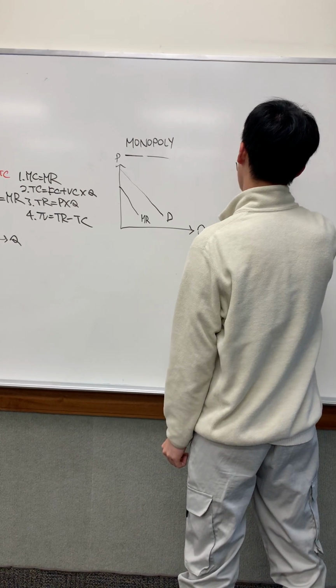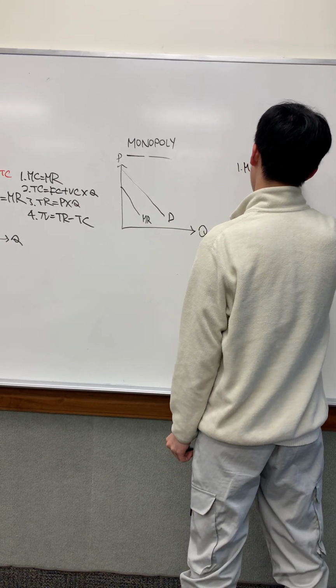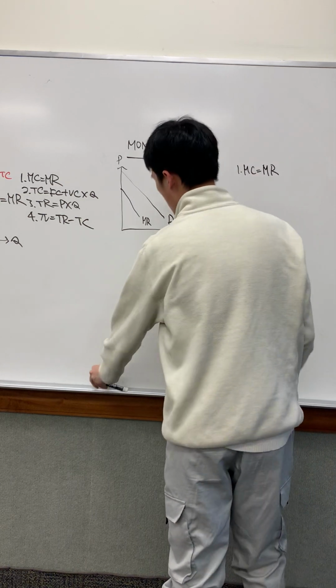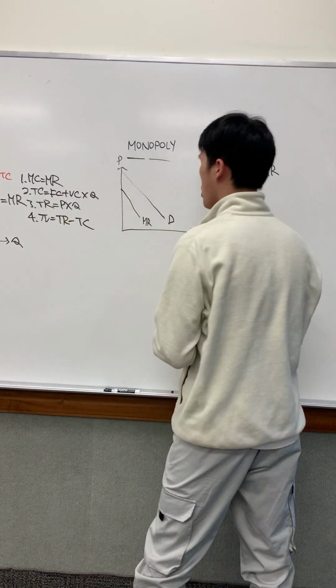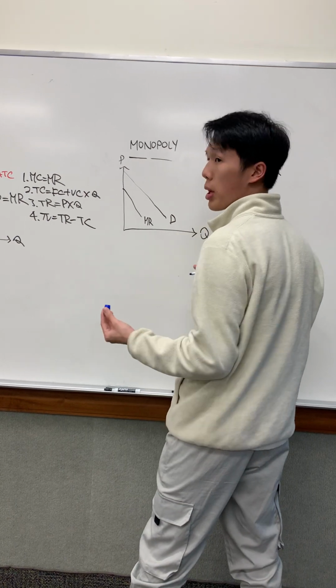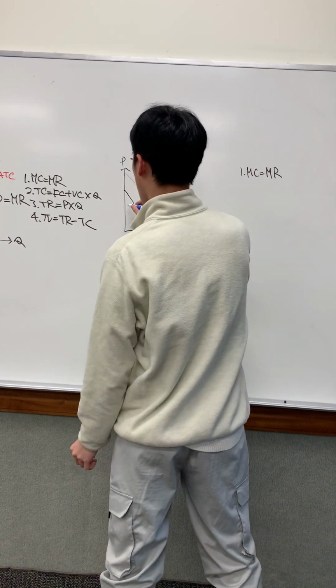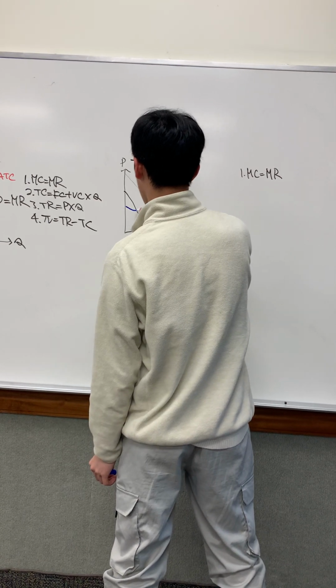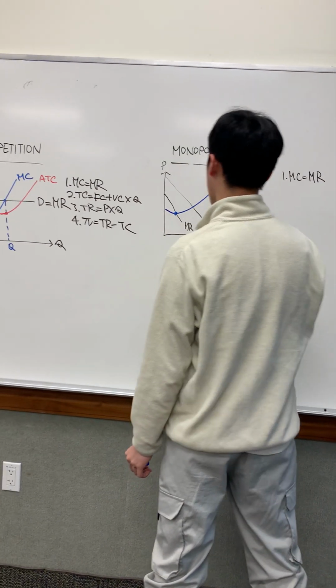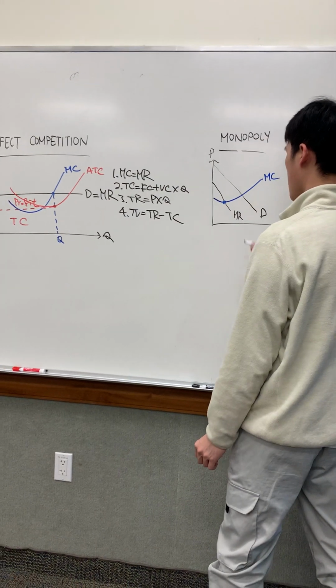We find the point where marginal cost and marginal revenue meet, and this is the way for us to find where the profit maximization is. The marginal cost will look like this, and this is the point where we can maximize your profit.